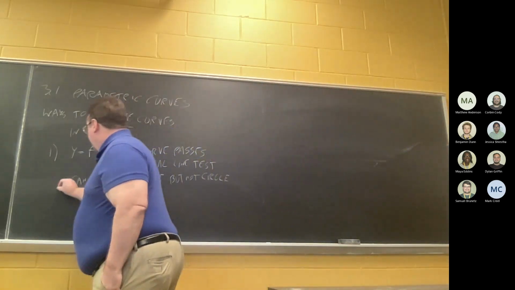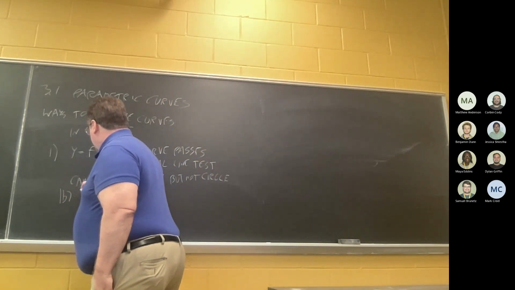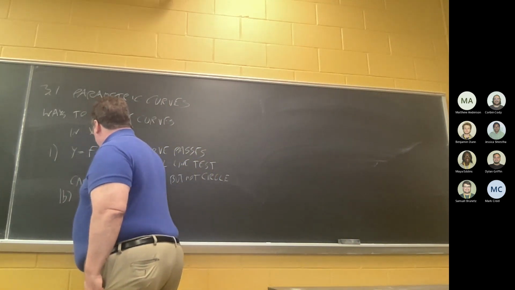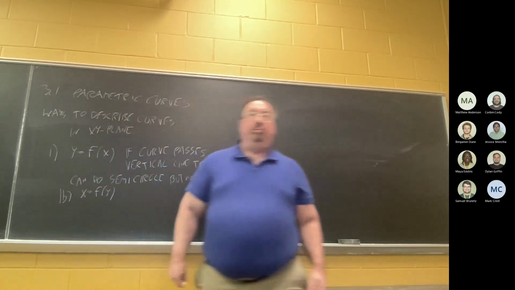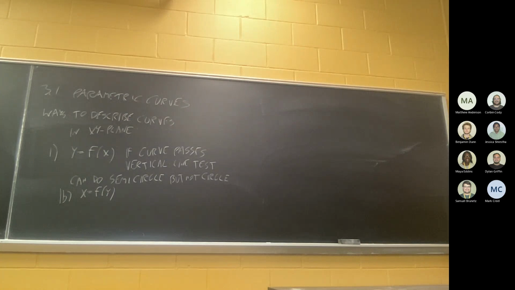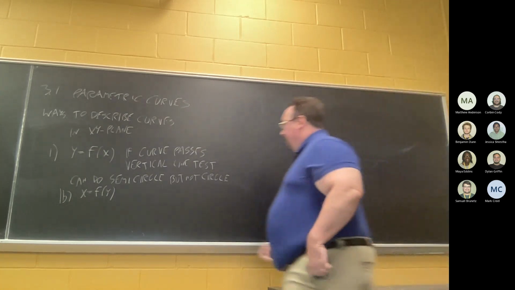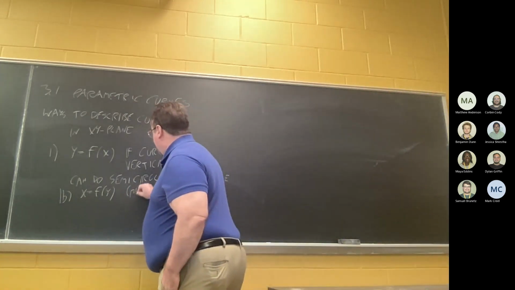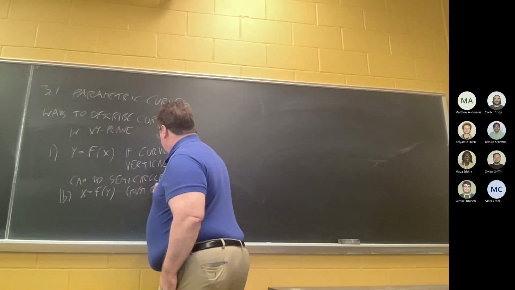If I call this 1b, x equals f of y, you can try that, but it has a similar limitation. The curve must pass a horizontal line test in that case.